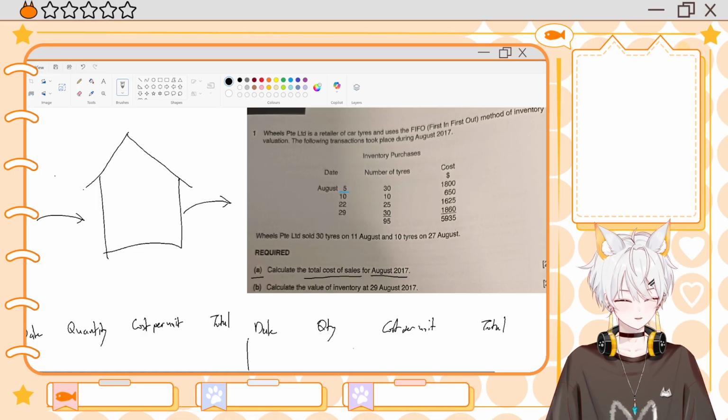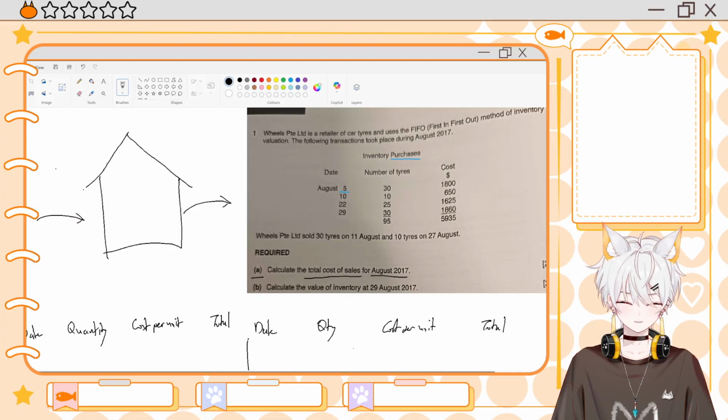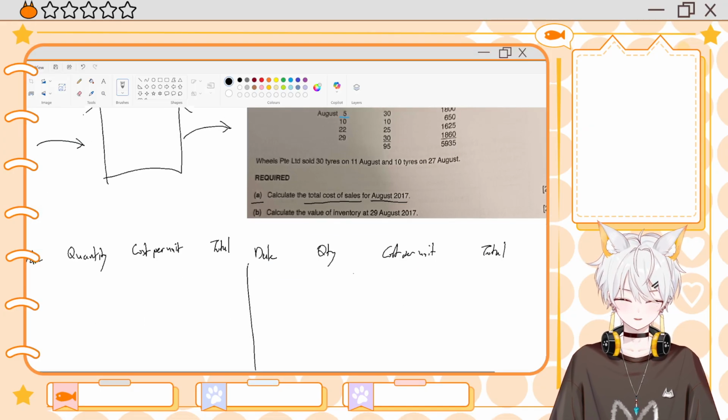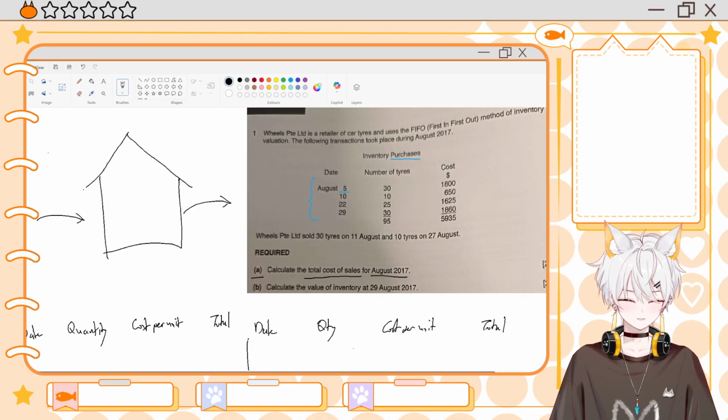Okay, these are all purchases. If you notice the title above, it says inventory purchases. So basically any of these entries down here are purchases, and all of these will go into your left side.